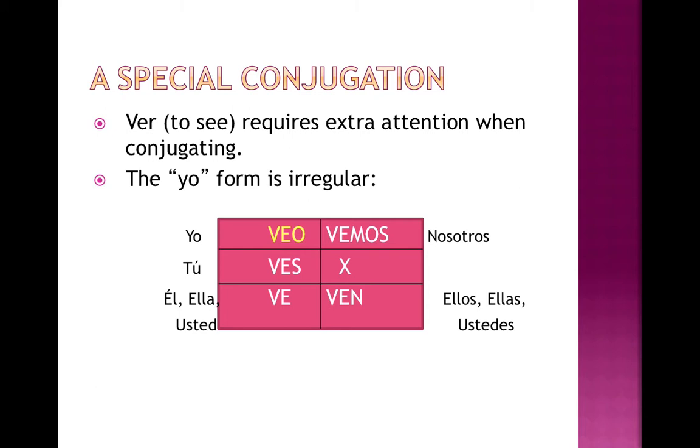But then after veo, it goes back to being normal. You drop off the ER ending, and then you add es, e, emos, en. Just the yo form is irregular, kind of like how tener has to be tengo with a G. Okay? So veo, ves, ve, vemos, ven.